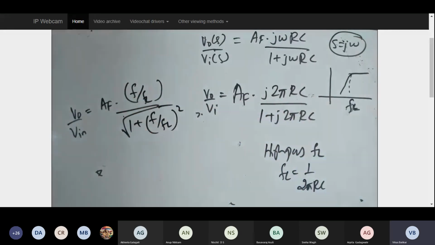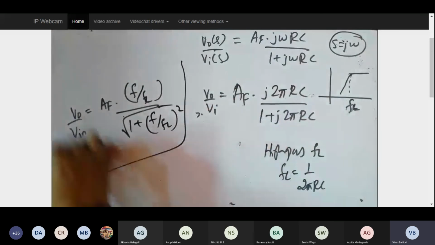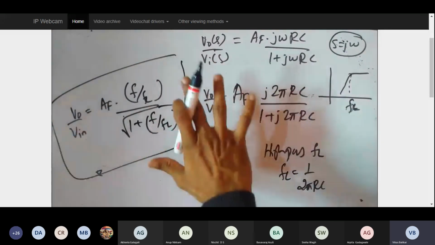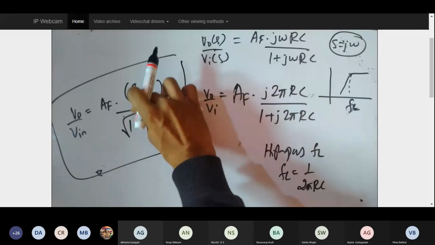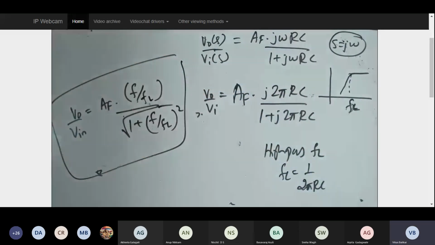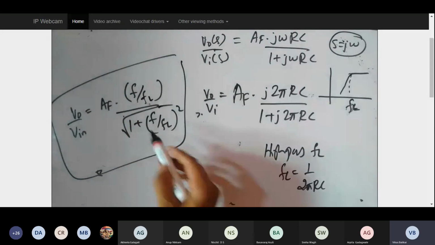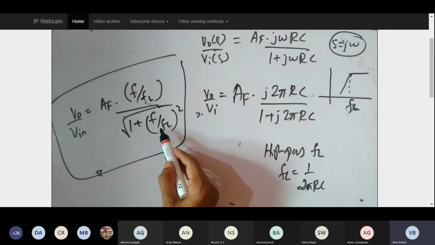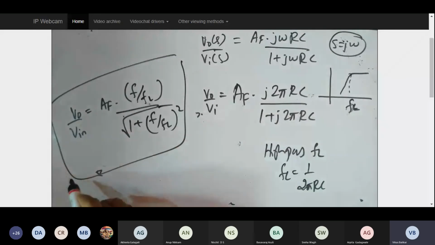If you remember properly, for your low pass filter, the entire equation was the same, but this numerator term was not present. Okay? But now the numerator term F by FL has come. In the denominator, how F by FL came, I have already explained over there. I just try to replace J omega, J 2 pi, in terms of F and FL.